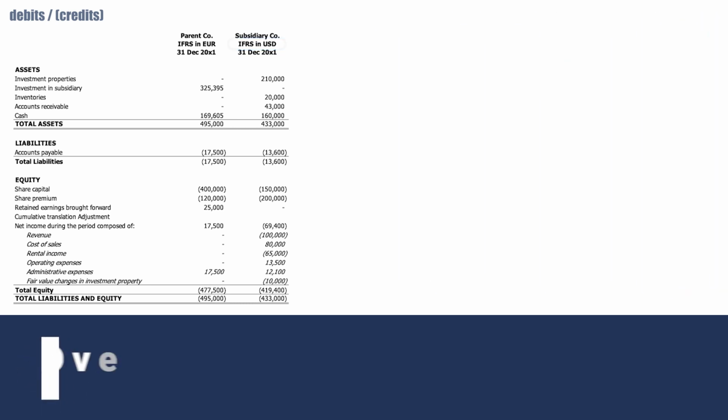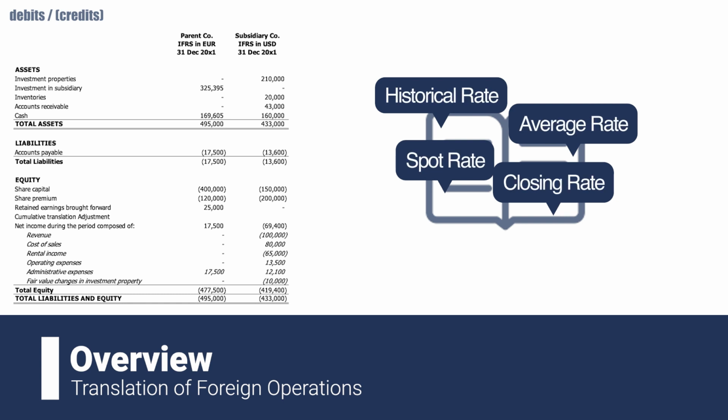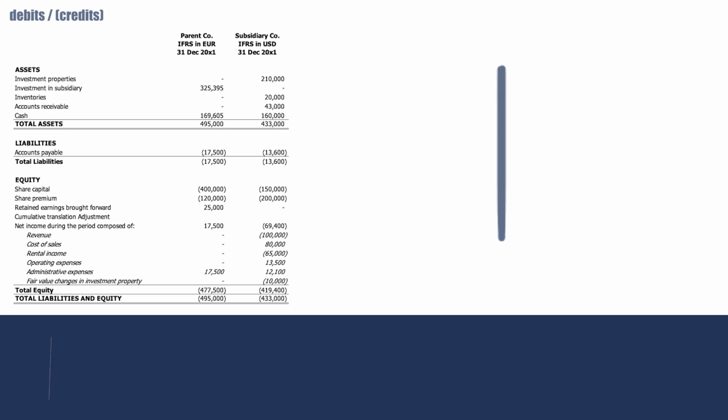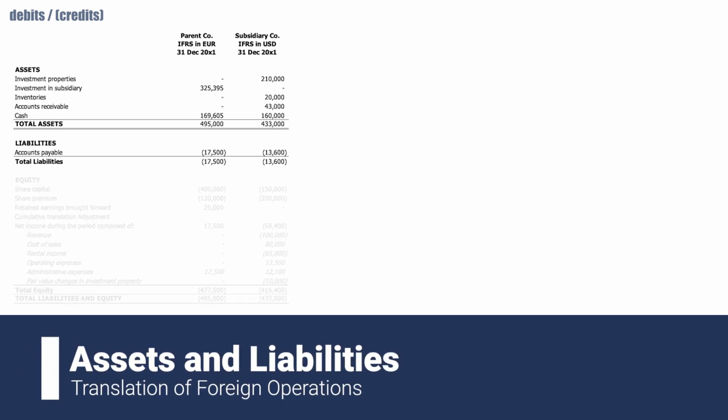IAS 21 tells us that each line in the trial balance of a foreign operation should be translated to the presentation currency using specific exchange rates. All the following examples assume that both functional and presentation currencies of the parent and the subsidiary are non-inflationary in nature. Now we move on to the translation of assets and liabilities in the balance sheet.